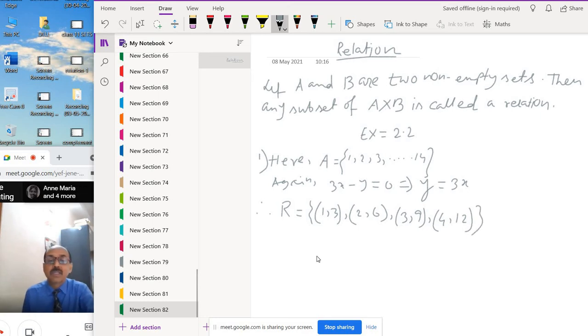So this is the relation R. All of you understand how to make the relation R from the given condition? Any question? Yes, sir. So the relation has 4 elements: 1, 3, 2, 6, 3, 9, 4, 12.